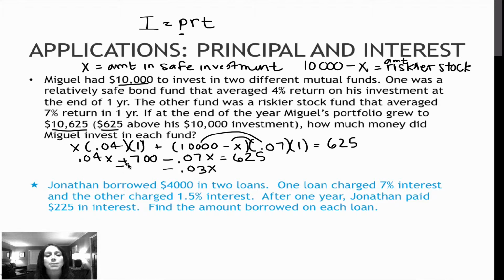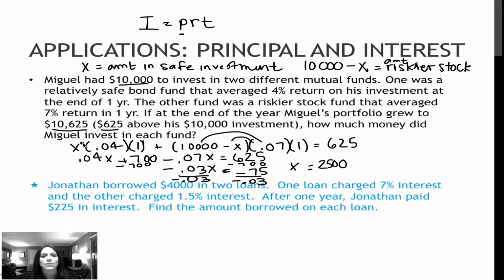In the same step, I'll subtract the 700 from each side to get negative 75. So I've got negative 0.03X equals negative 75. Typically I'd be a little concerned with negatives, but both sides being negative is okay, because now I divide by negative 0.03 on each side, and that gives me a value for X of $2,500.